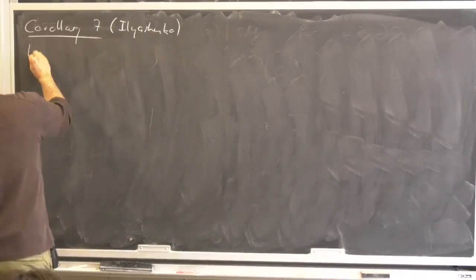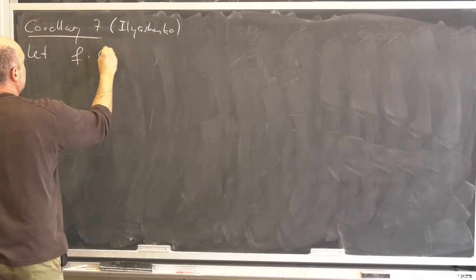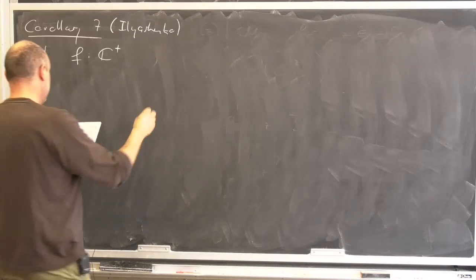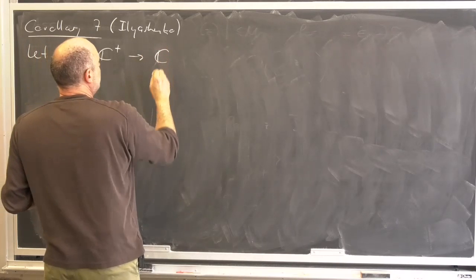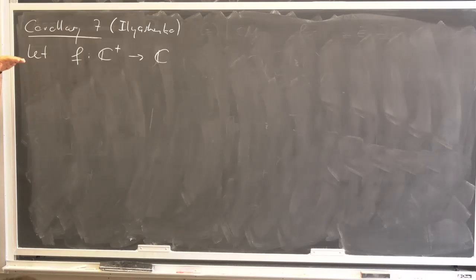So let's take again a holomorphic function on C plus. So the idea is, in this Phragmén-Lindelöf principle, we had to have the assumption of exponential growth of order a bit less than alpha.